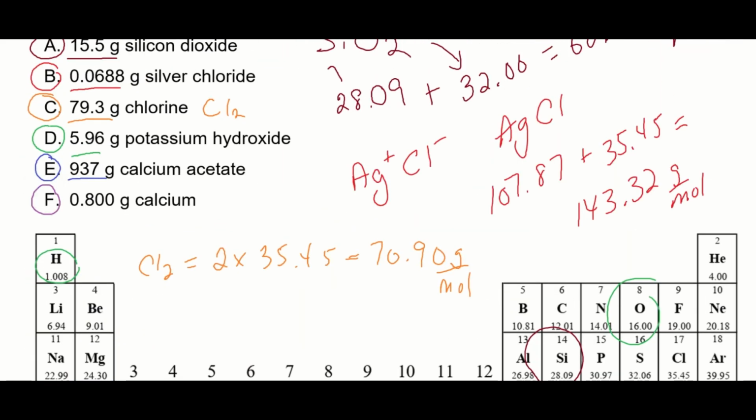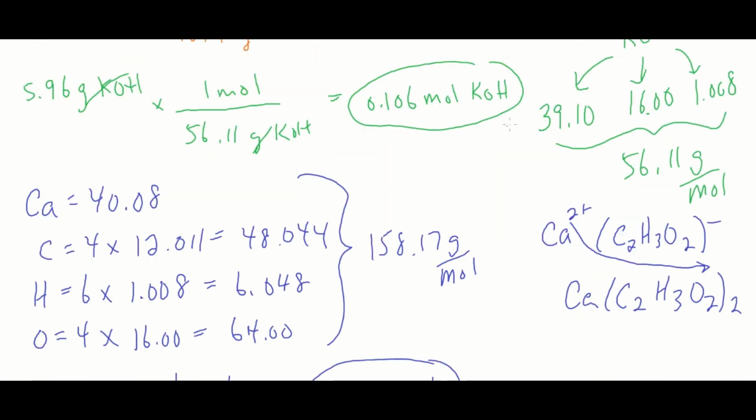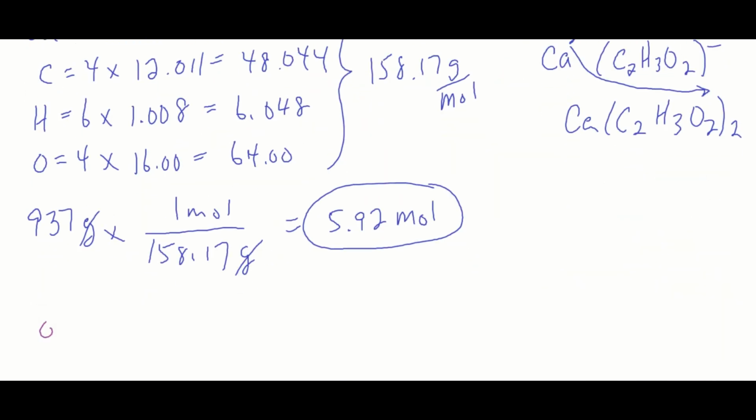All right, finally, F, calcium is just an element. It's a metal, so we just did that. So 40.08, that's the molar mass of calcium. So let's turn 0.800 grams of calcium into moles.